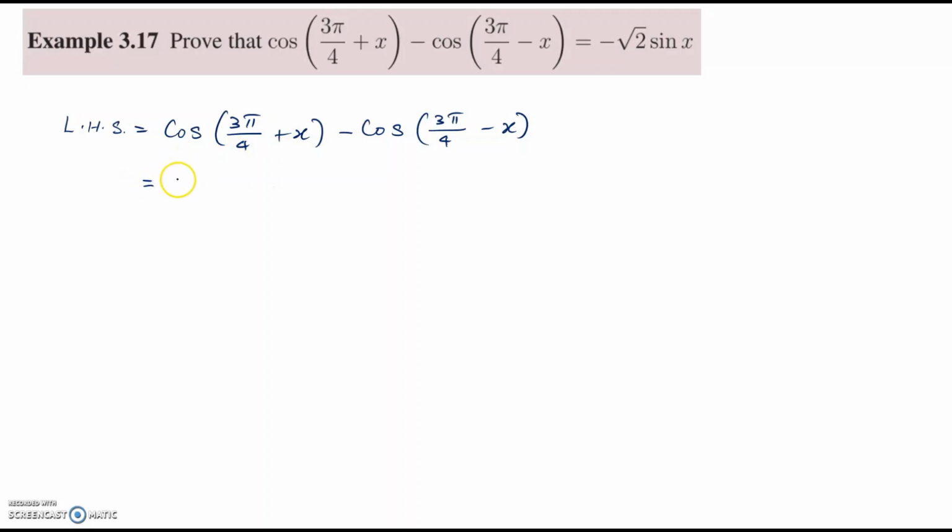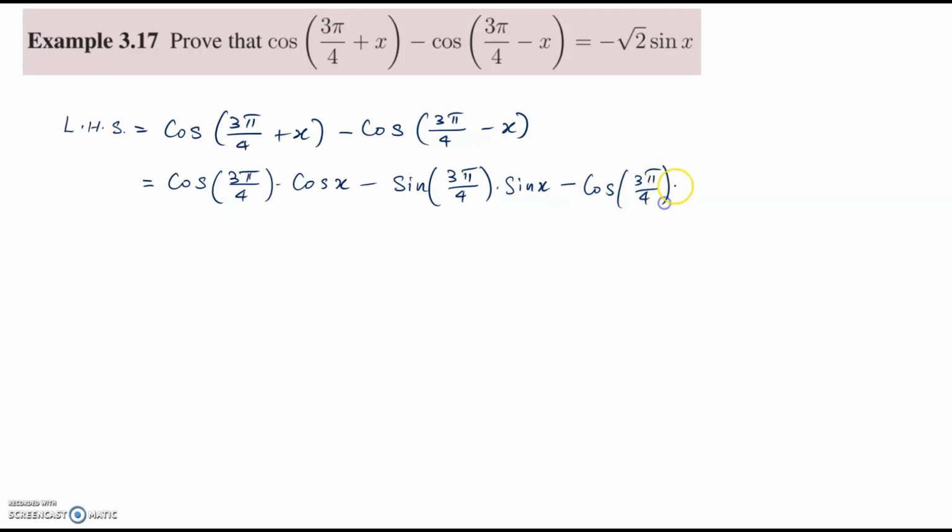And so expanding it, this will be cos 3 pi by 4 into cos x minus sine 3 pi by 4 into sine x minus cos 3 pi by 4 cos x minus sine 3 pi by 4 sine x.